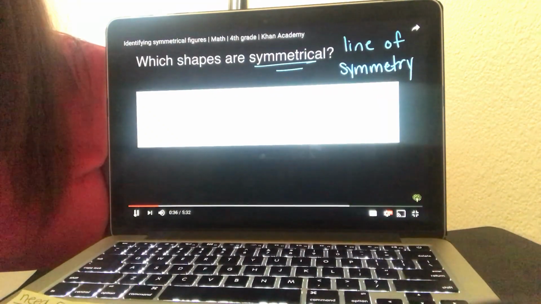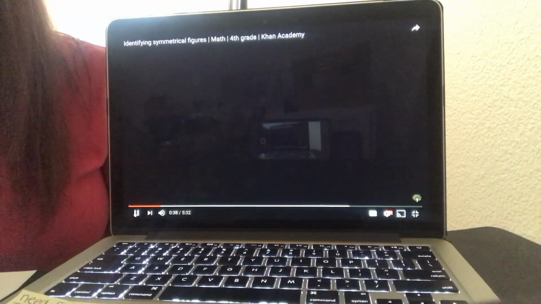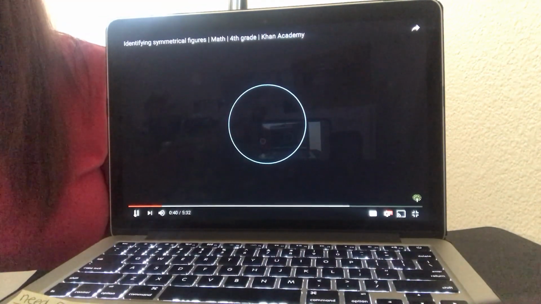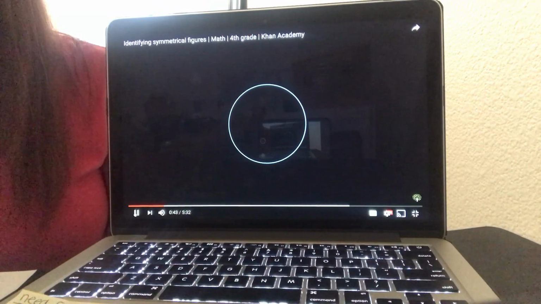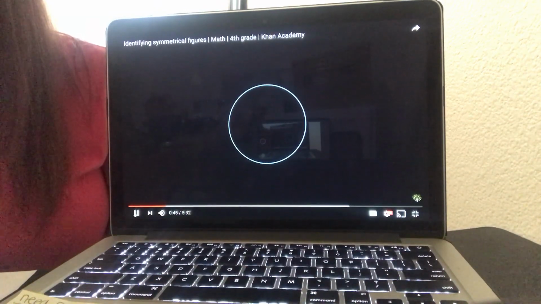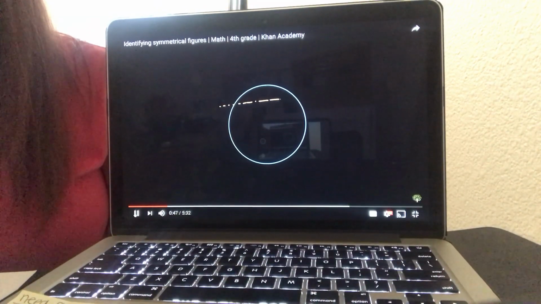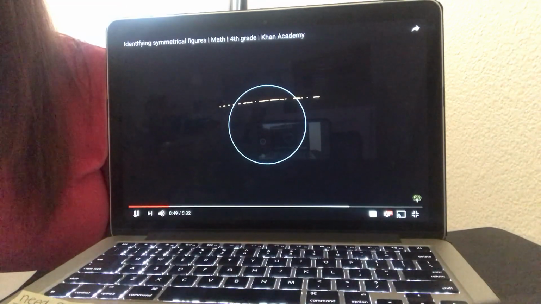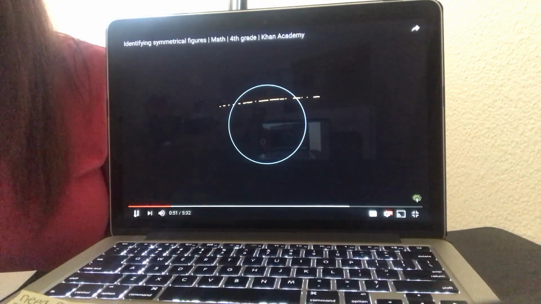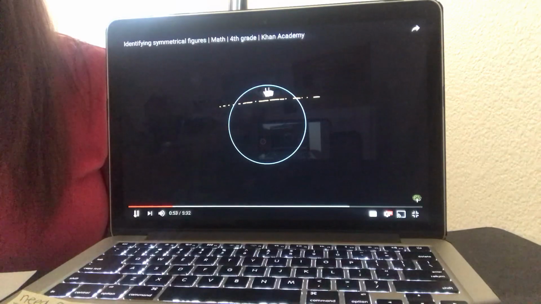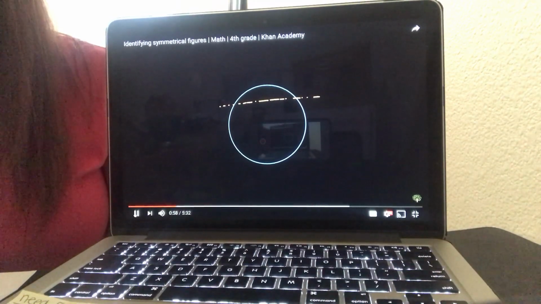Let's look at an example. Let's draw a circle, and then we can put a line on that circle. Let's draw a line maybe somewhere like this. This line is a line of symmetry if we can take one side of the line and fold it onto the other and have them match exactly.